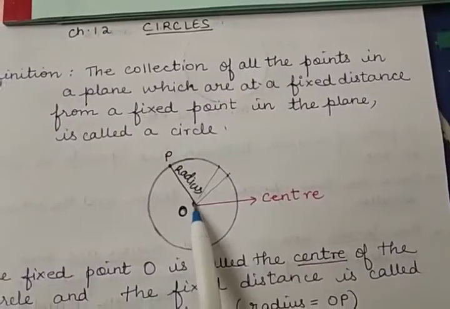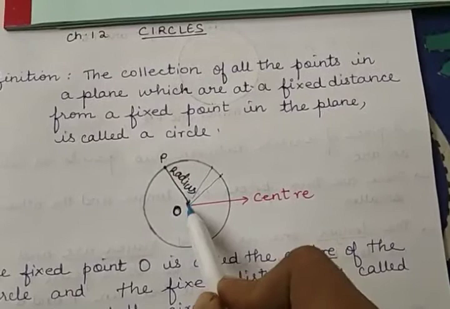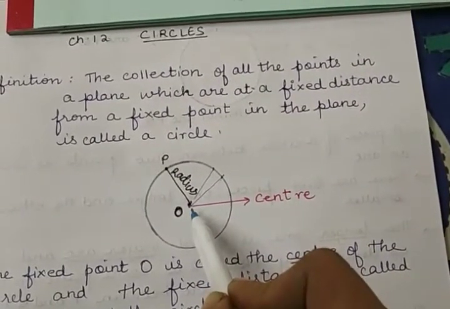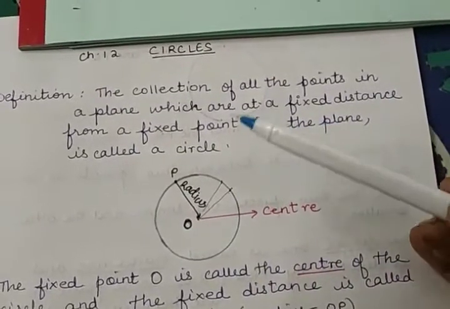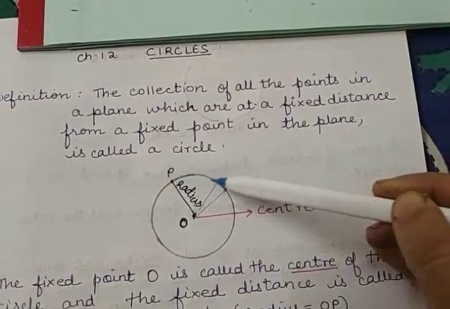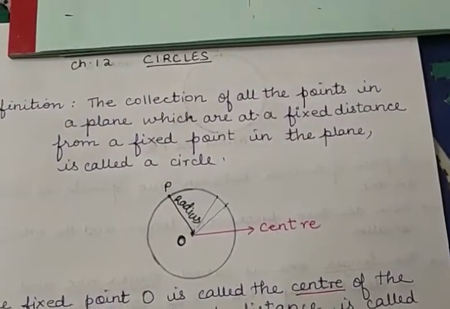Now this fixed point that we were talking about, if I name that point as O, it is called the center of the circle. And this fixed distance of all the points from the center is called the radius of the circle.